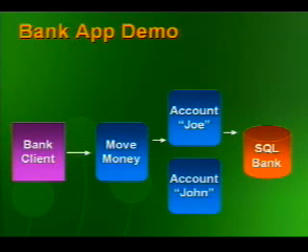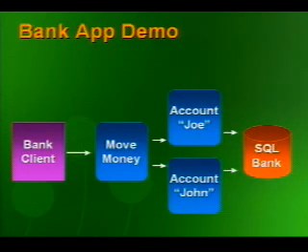Flow then returns back to move money, where it creates a second instance of the account component for John. This component is also configured in the COM+ catalog, which is the configuration store, and it also has transaction required. Likewise, it opens up a database connection, and we flow the transaction.